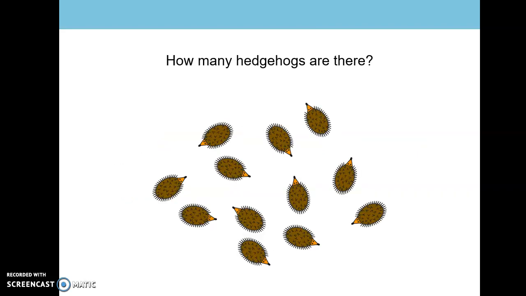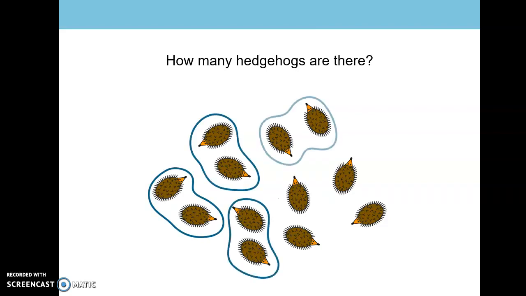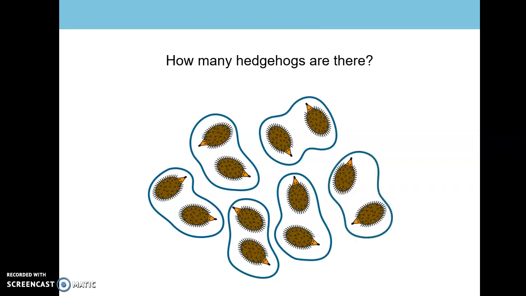Well done. How many hedgehogs are there altogether here? Have a look, and then we'll go through this. You could put a circle around each group, couldn't you? Look, 2, 4, 6, 8, 10, 12.